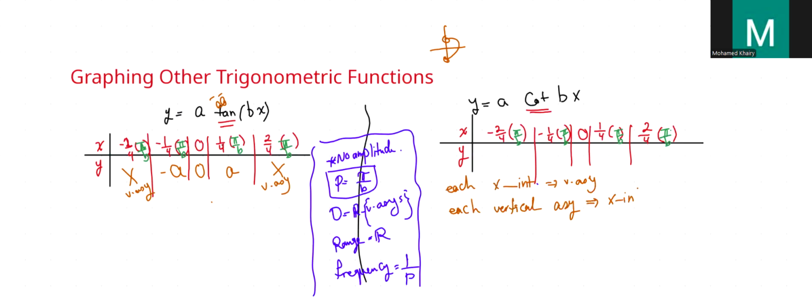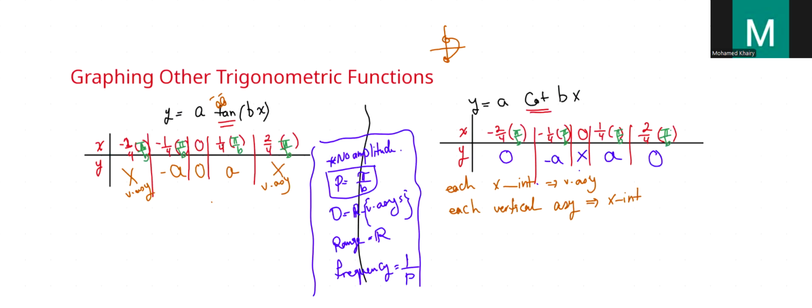So the first one was x-intercept, so it's going to be 0 here, and here it's going to be negative a, 0, positive a, and here this is 0. Pay attention that we said if we change the x-intercept, it's going to be a vertical asymptote. So this is the new thing. This is my vertical asymptote.